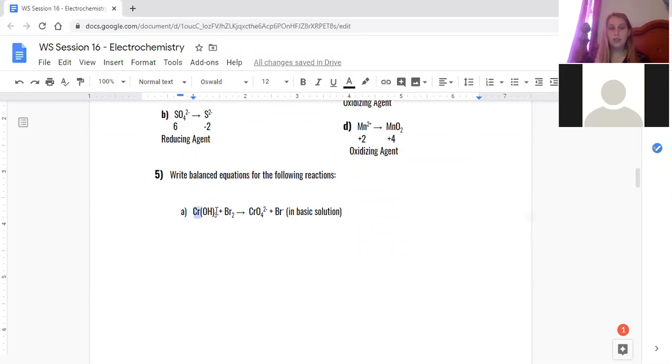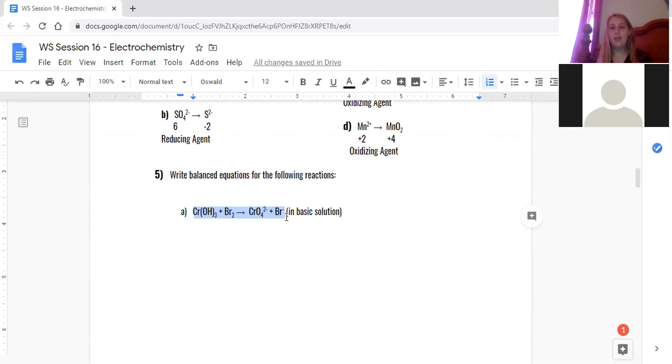With these equations, when you have to balance them, you're going to have to separate them into the two halves of the equation, the oxidizing reaction and the reducing reaction. But you honestly don't really have to know which is which during this part.